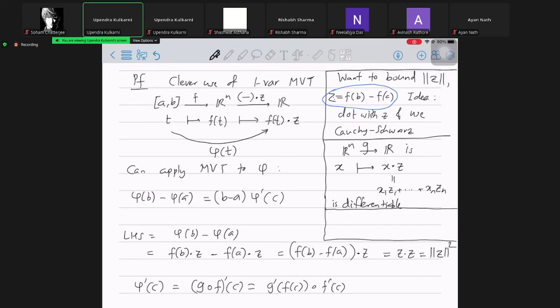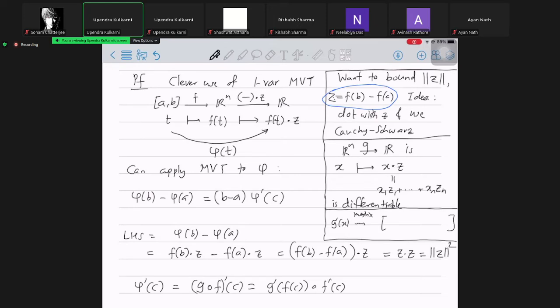What will be the entries of this matrix? Just look at it. The entries are just going to be partial derivatives, right? Let me write down g prime of x, its matrix.